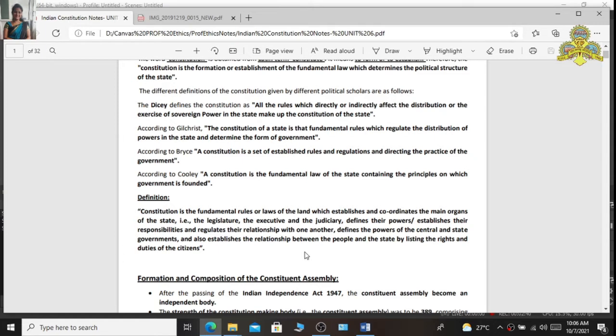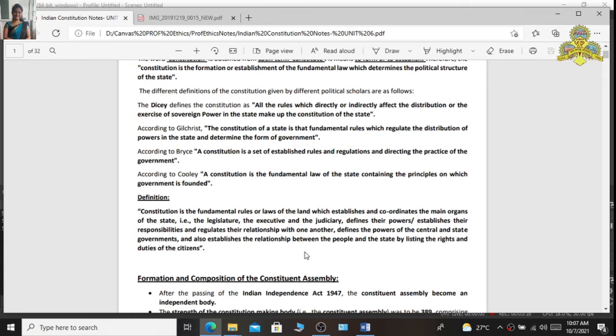It also lists some rights and duties of the citizens. Overall, the constitution contains fundamental rules and laws, and it establishes different organs of the state such as legislature and executive, and their powers and responsibilities.